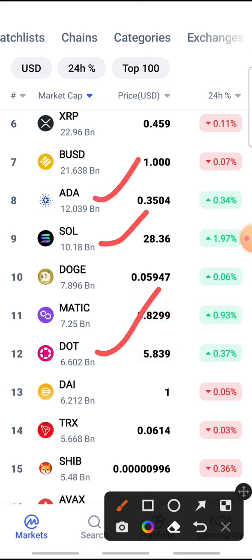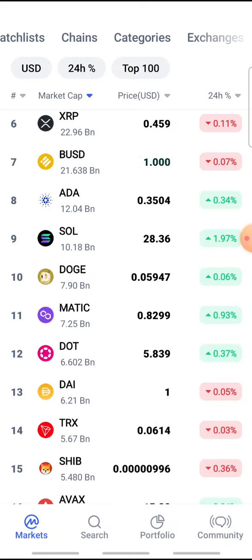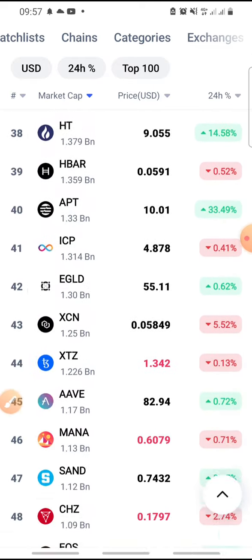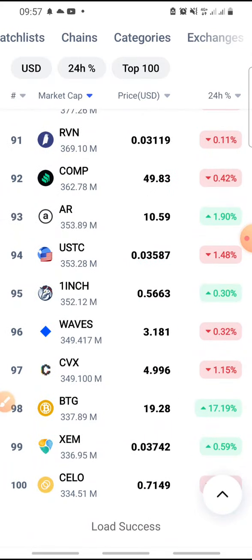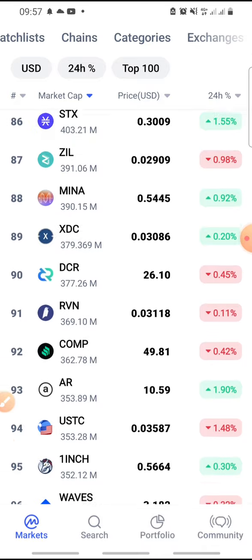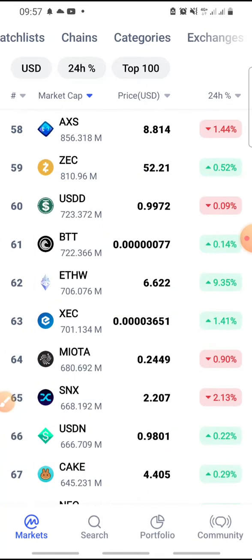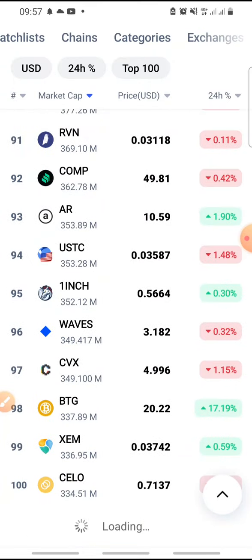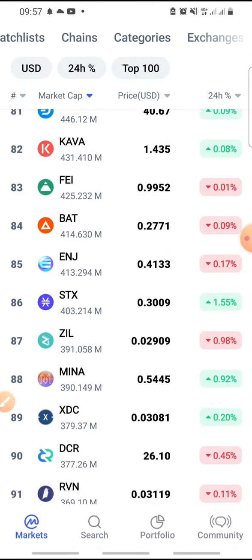This is Polkadot. We have Matic here. We have Doge here. In fact, there are a lot of them. We can't finish the list, like I said. So huge, 90,000 plus. And then Streakk is equally here. When you search for it, because it's one of the newest currencies, you have to search for it, or you have to go down the list before you get it.